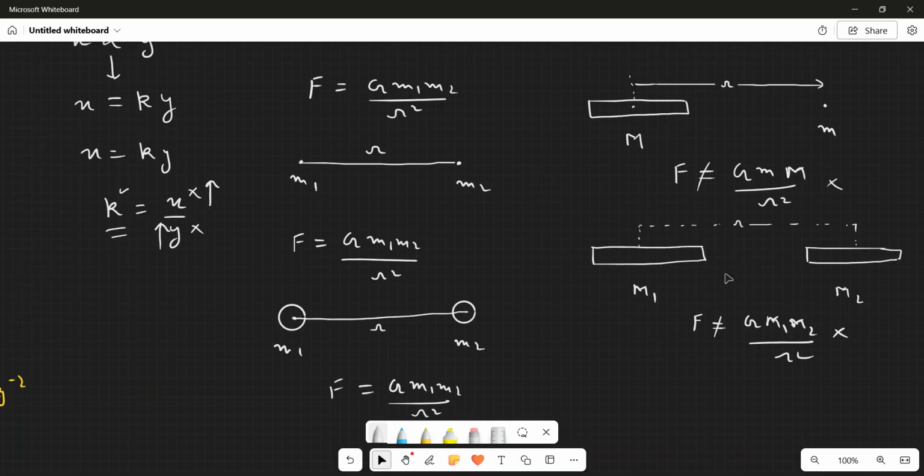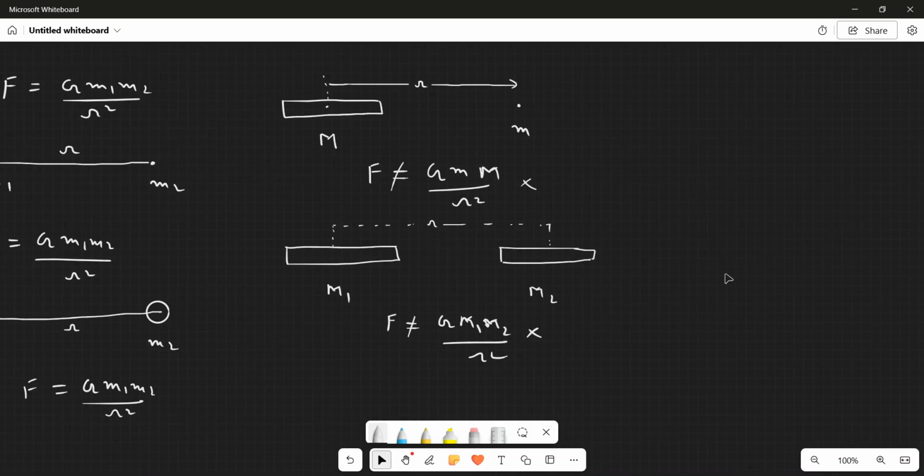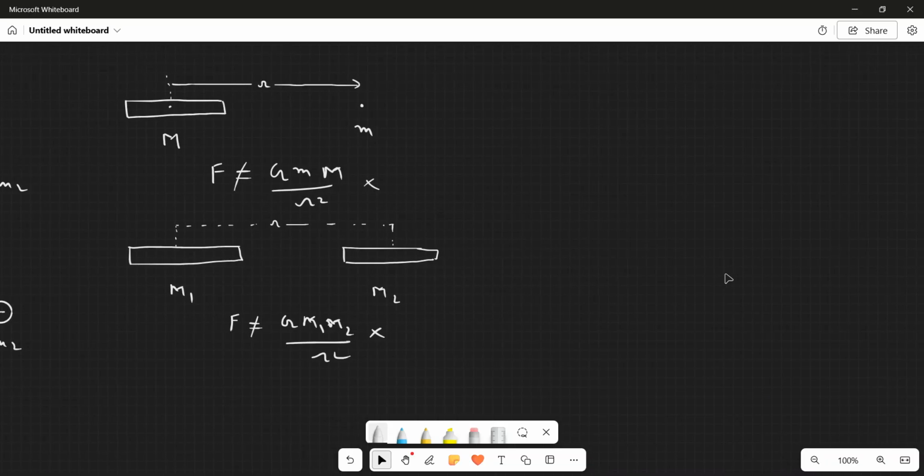In that case we have to use calculus. So let's deal with this problem. Let's say we have a mass m', and it is at a distance a from the end of a uniform rod whose length is L. Uniform rod means the mass is uniformly distributed over this length L of the rod.